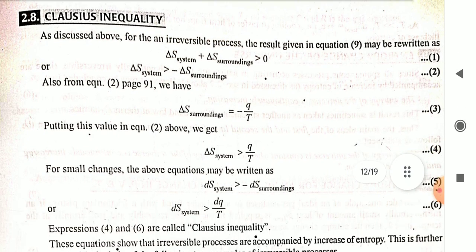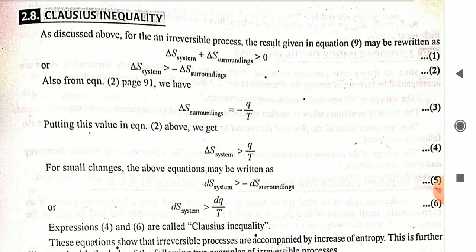Clausius inequality. As discussed below, for an irreversible process, the result given in equation 9 may be written as delta S of system plus delta S of surrounding is greater than 0. So delta S of system is greater than negative of delta S of surrounding.